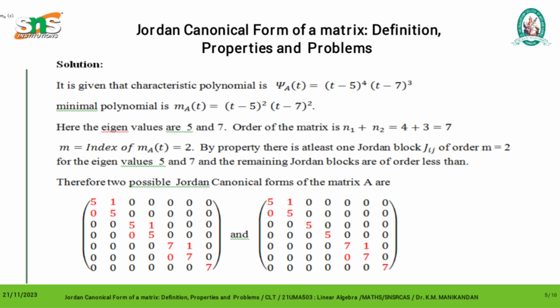The remaining block should be a single block of order 1 which corresponds to the eigenvalue lambda equal to 7, because in chi_A(t) the power of eigenvalue 7 may go up to 3. So already for 7 we have given 2 from m_A(t), and 1 remains in chi_A(t).